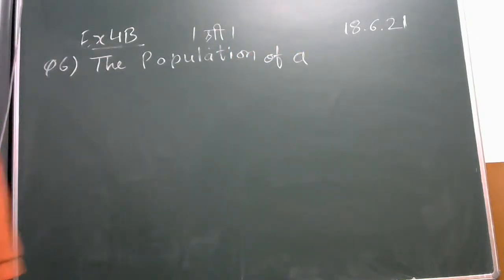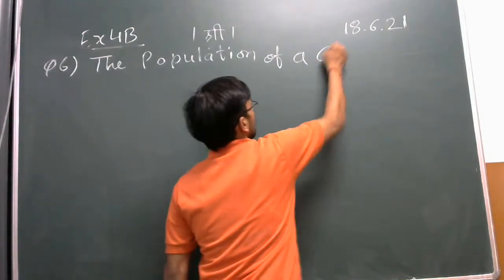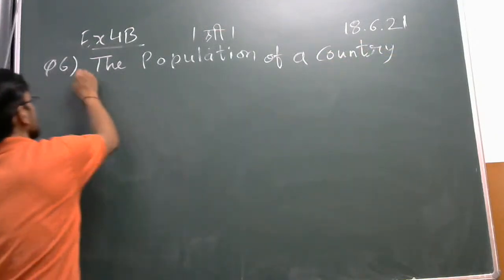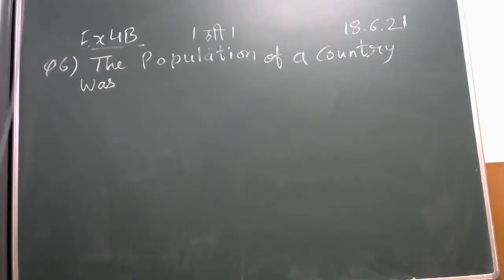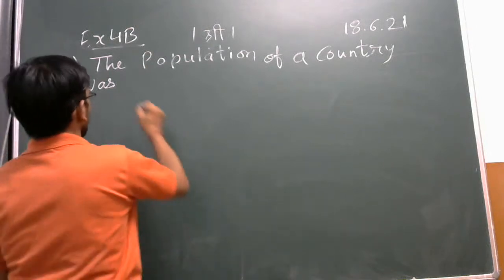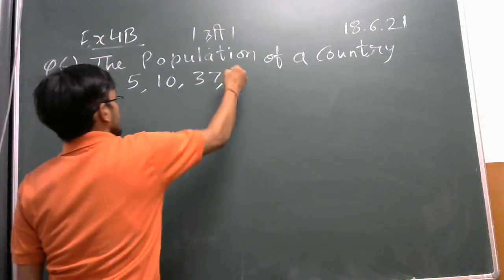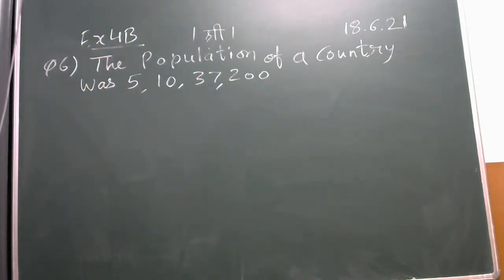Population of a country was, what was the population? 5 crore 10 lakh 37,200 in the year 2000.